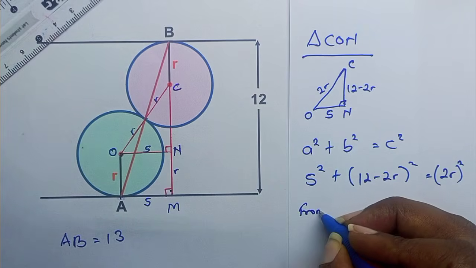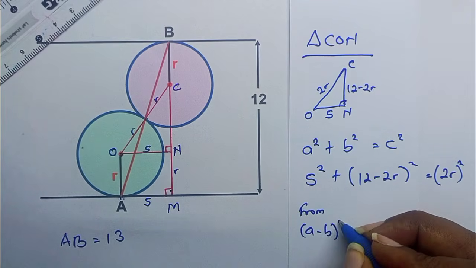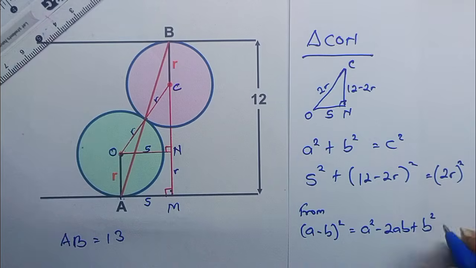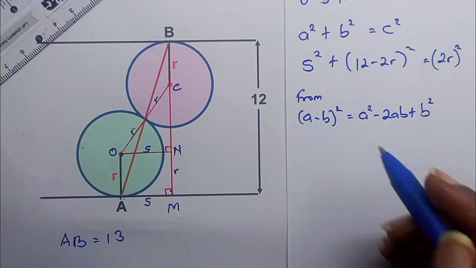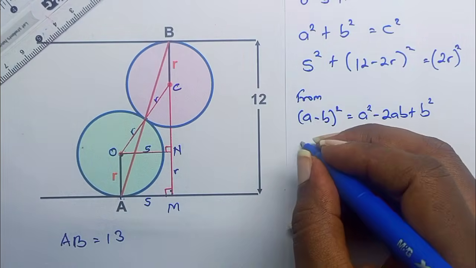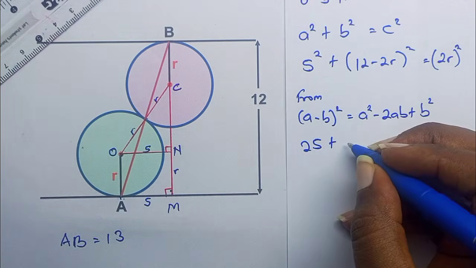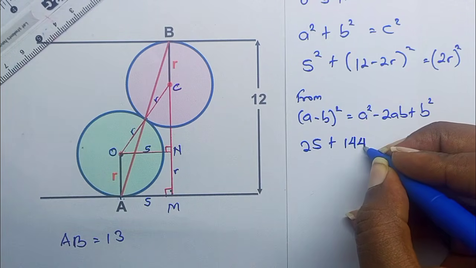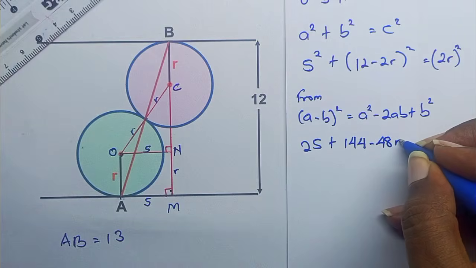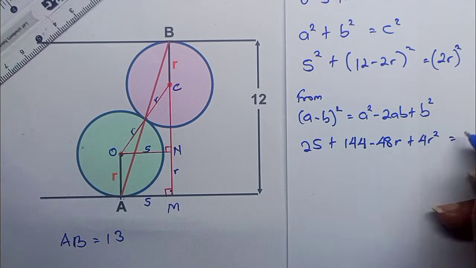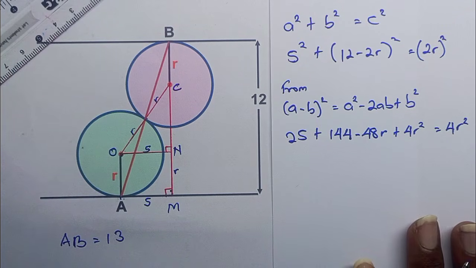Now from A minus B squared being equal to A squared minus 2AB plus B squared. First of all, 5 squared is 25, plus expanding this in this form gives us 144 minus 48R plus 4R squared. So this is equal to 2 squared is 4, then R squared.